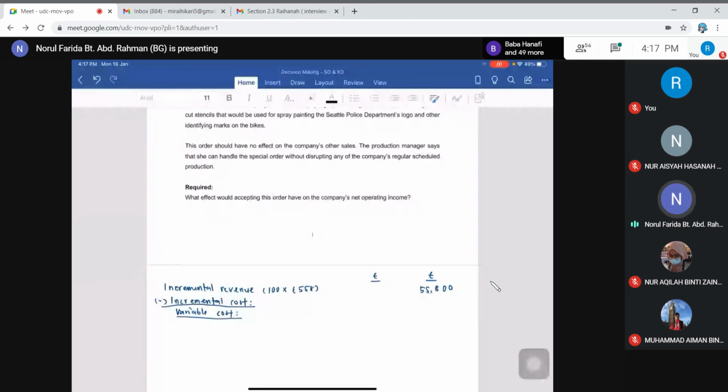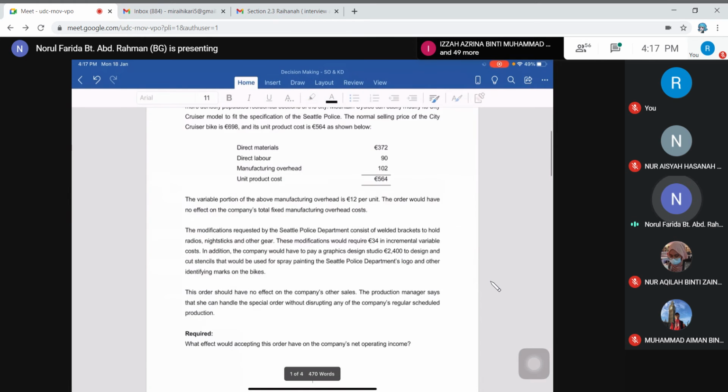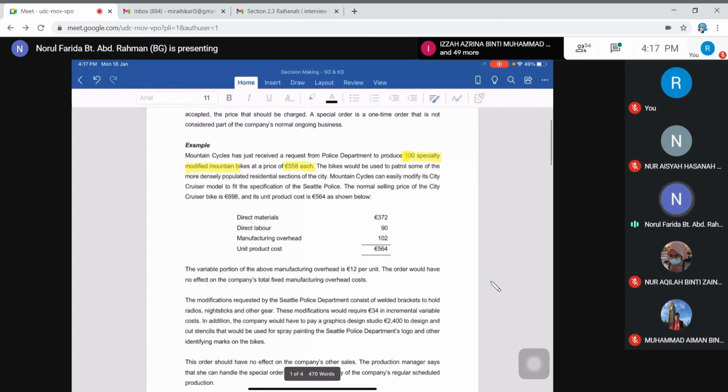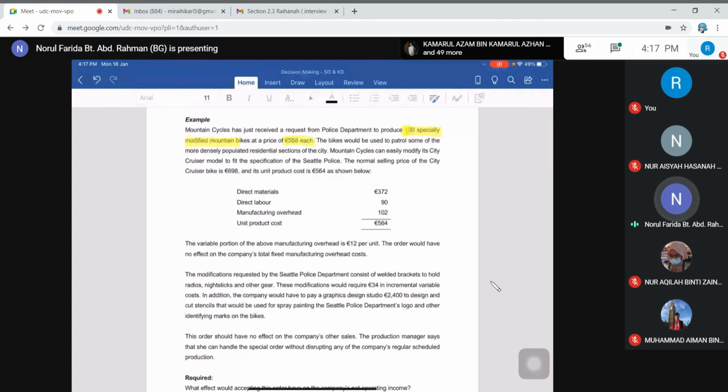So our variable cost is the unit product cost, which is 564. You have direct materials 372, direct labor 90, and manufacturing overhead 102.